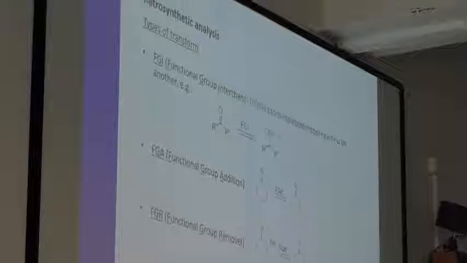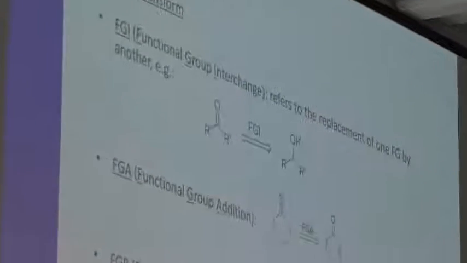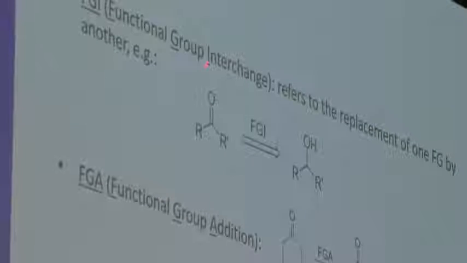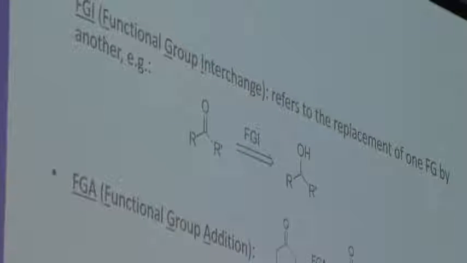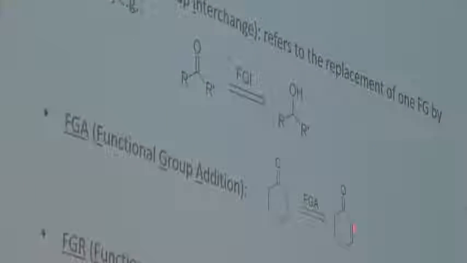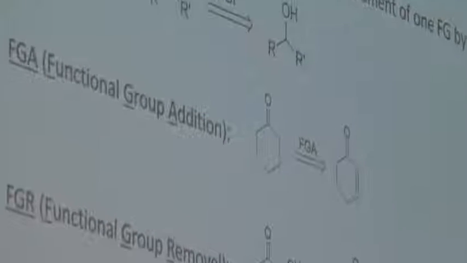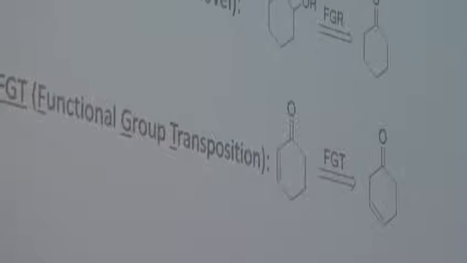You have something called functional group interchange, which refers to replacement of one group by another, like going from carbonyl to alcohol. Functional group addition, then you add some extra group here. Functional group removal, then you just remove one group. Or functional group transposition, then you just change the position of that group.